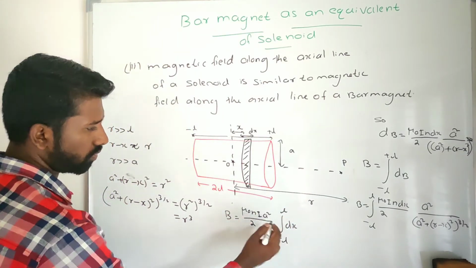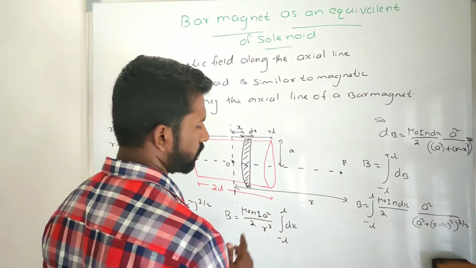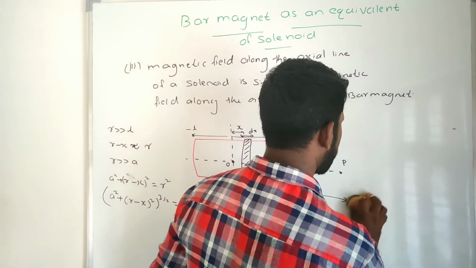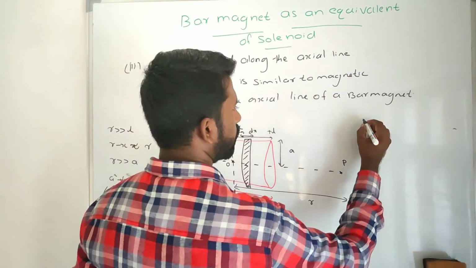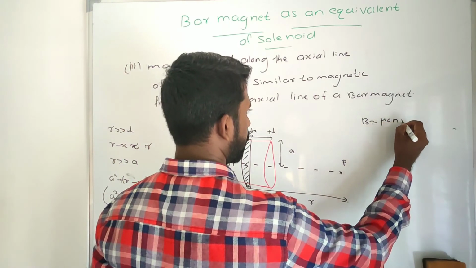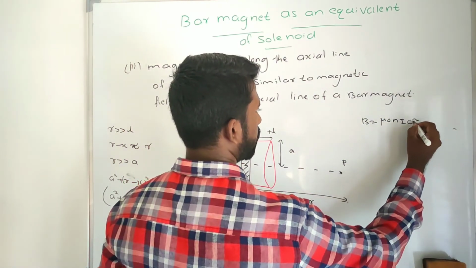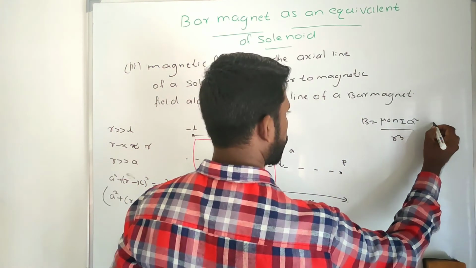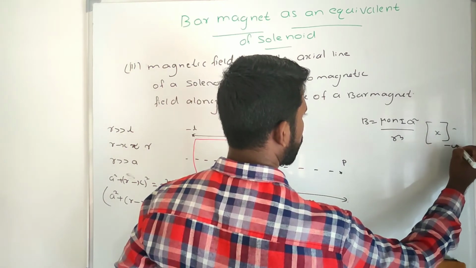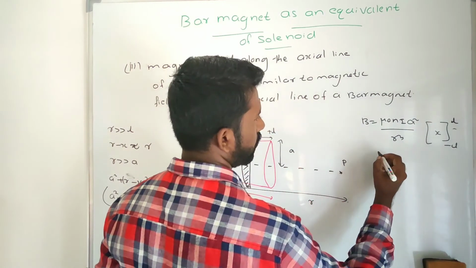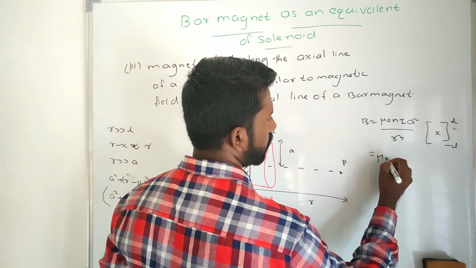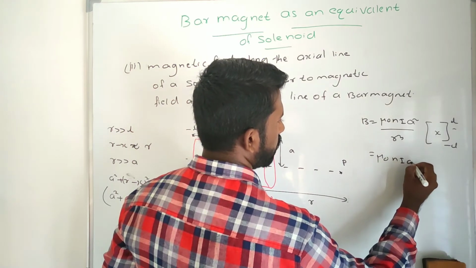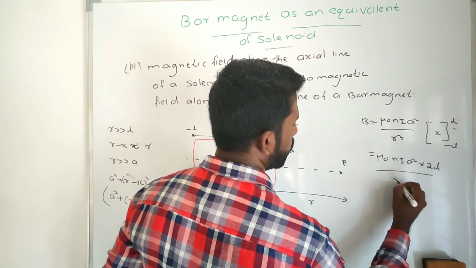So apply the integration of dx. The integration of dx is x. So B is equal to mu 0 n I a square divided by r cube into x, where the lower limit is minus L and the upper limit is L. Applying the limits, you will get mu 0 n I a square into 2L divided by r cube.